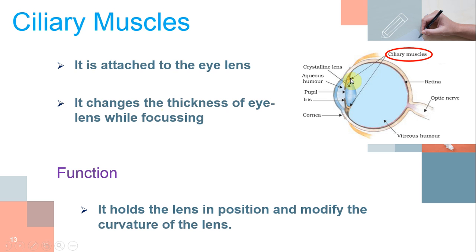So this part is the ciliary muscles. It holds the eye lens in position and modifies the curvature of the lens. The curvature of a lens is related to the focal length of the lens, R is equal to 2f. We already studied this in the previous chapter.